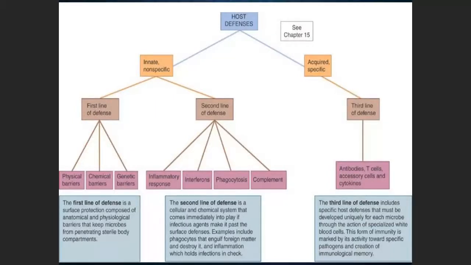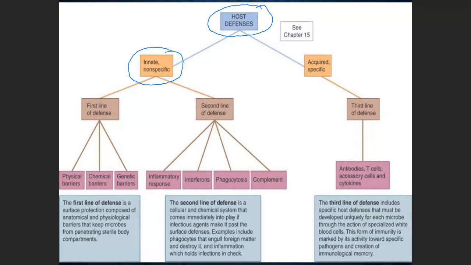Based on that, we can classify our host defense mechanism. Our human defense mechanism can be divided into two main types. The first one is called non-specific or innate. What does non-specific mean?